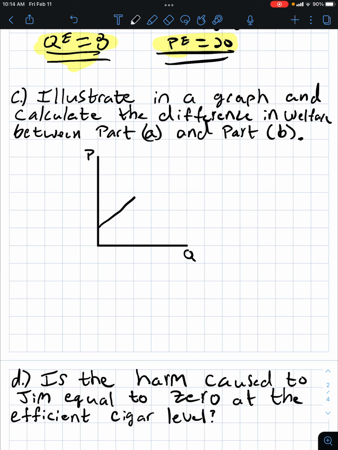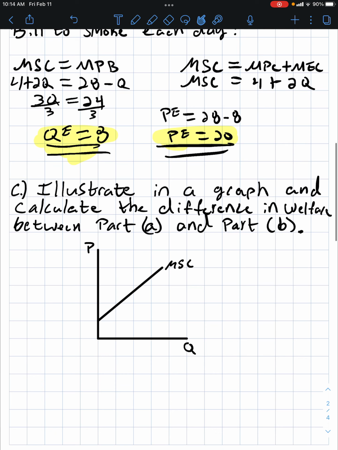Our marginal social cost is upward sloping and starts at 4. Our marginal private benefit is downward sloping and starts at 28. Marginal private cost is constant at 4, so a horizontal line.